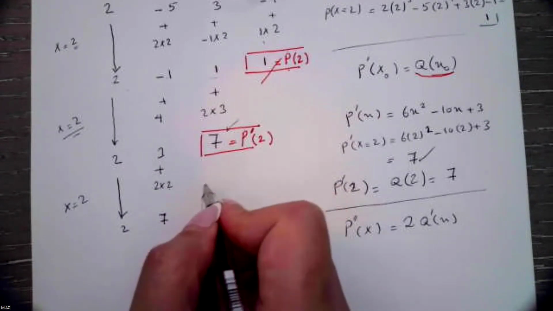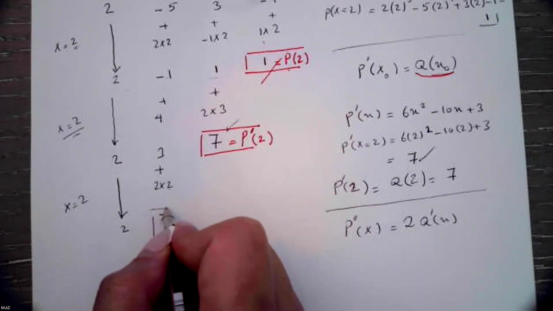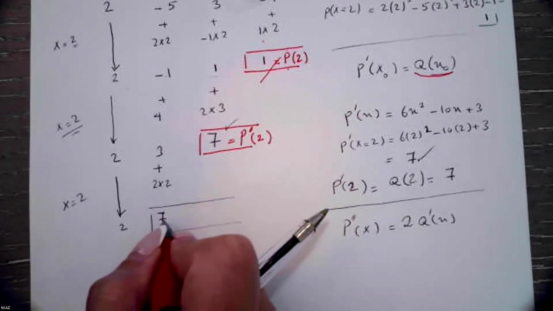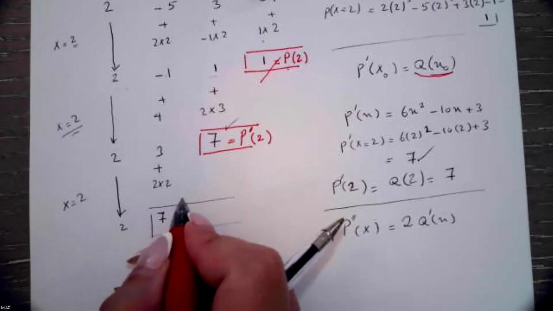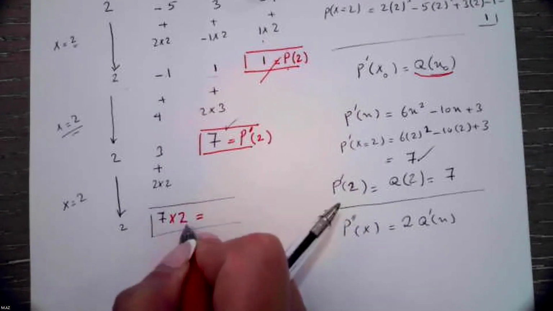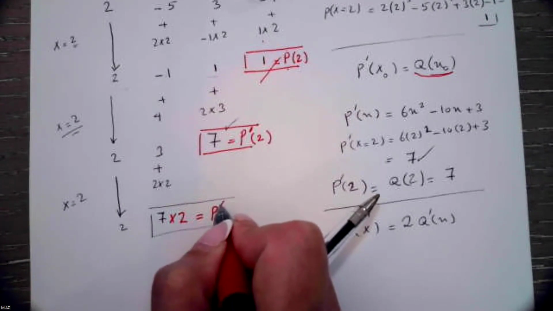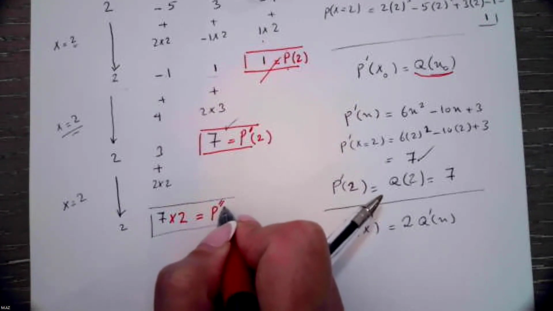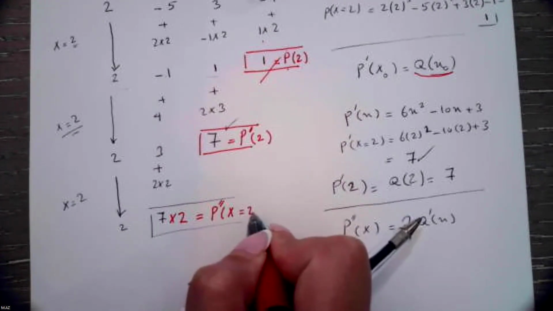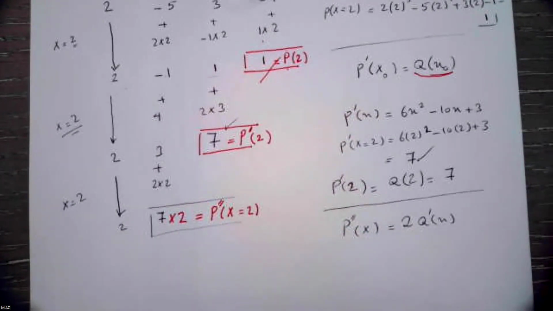And if I multiply this number, as a remainder, by 2, this number shows the value of the second derivative of this polynomial function at point 2.